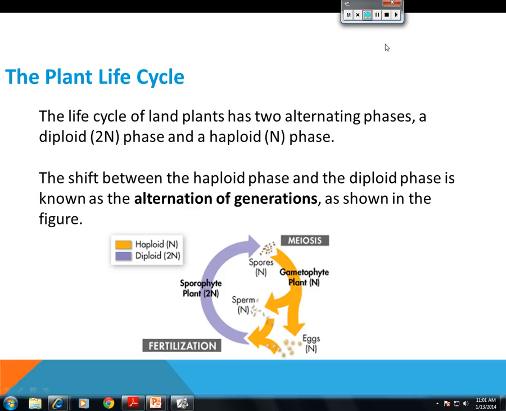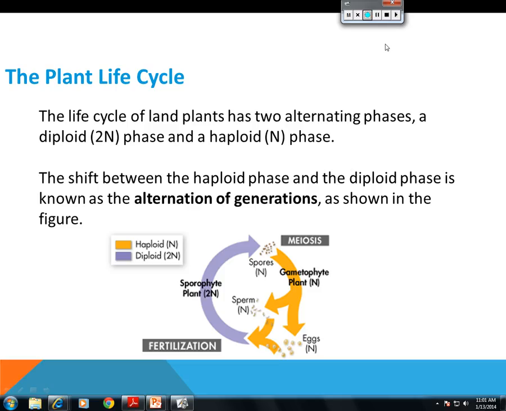So what's important to know is that when a plant is in the sporophyte phase, it has both sets of gametes in that cell. It's going to then produce spores, which only contain one set. Through the process of pollination, this also speeds up the process.